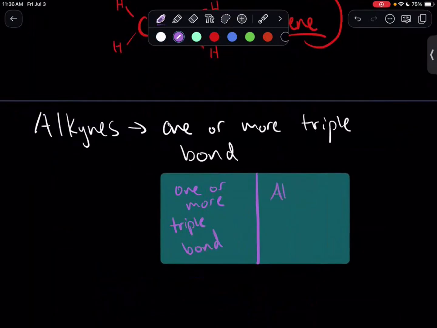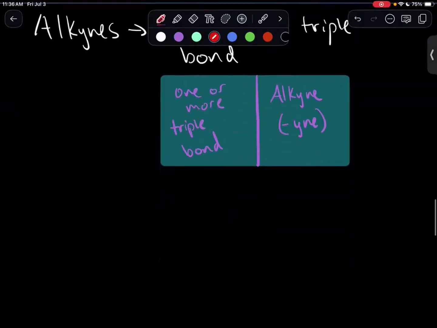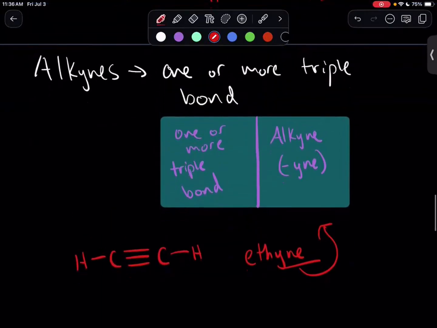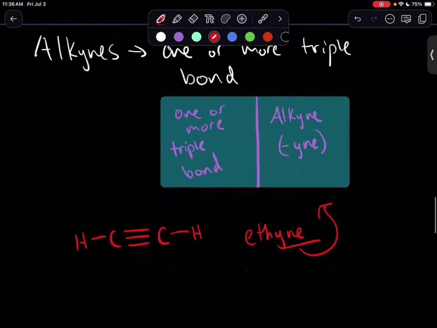That is called an alkyne with a Y and E. And you may even be able to guess the suffix, yne, Y-N-E. Our example here will be carbon with one hydrogen on each side and ethyne. So you may start seeing the pattern on how we name these here. And so that is our alkyne.